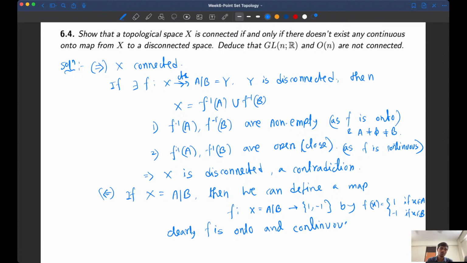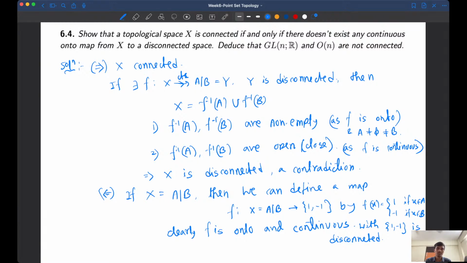Fine. So we have a continuous onto map, which is a contradiction, because we assumed that there does not exist any continuous onto map to a disconnected space, and this {1, -1} is disconnected, because you write it as a disjoint union of {1} and {-1}, both of which are open and closed.